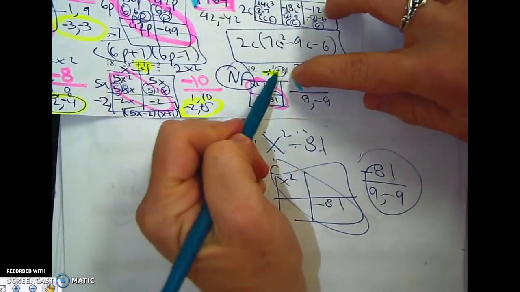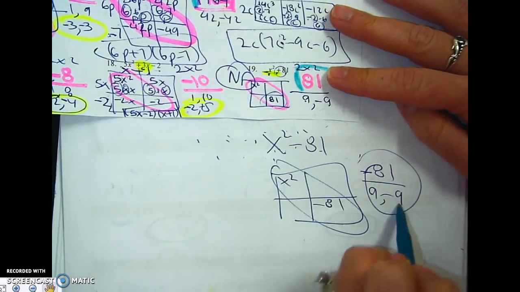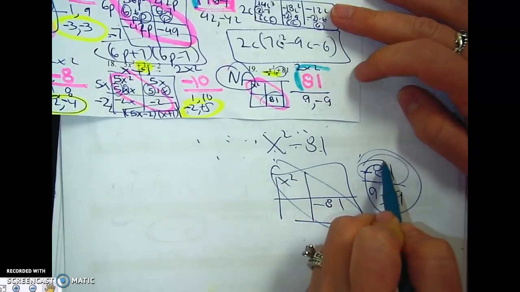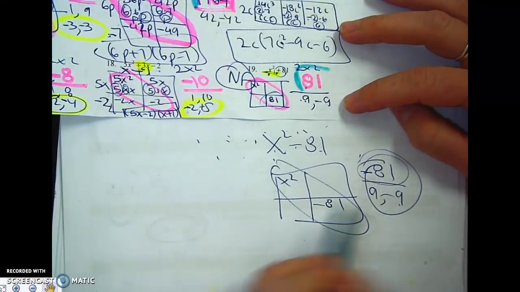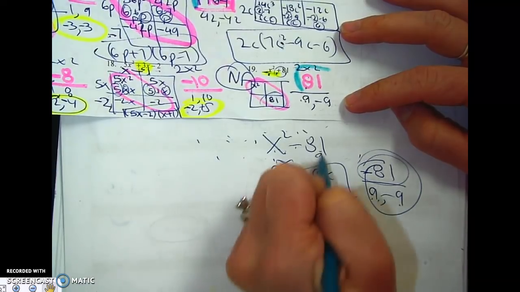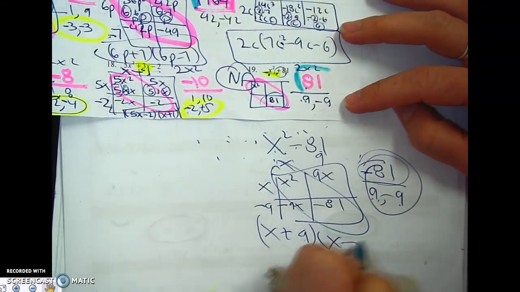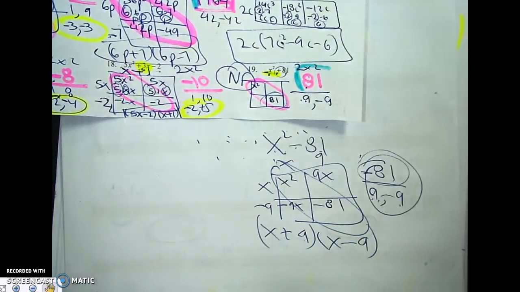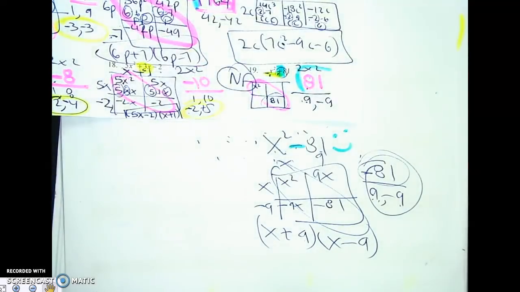Same problem, but this says plus and this says minus. 9 times negative 9 is negative 81. But 9 times negative 9 is not positive 81. So this one would be factorable and would give you this. But when it's minus, you can do it. But when that is plus, it's out.